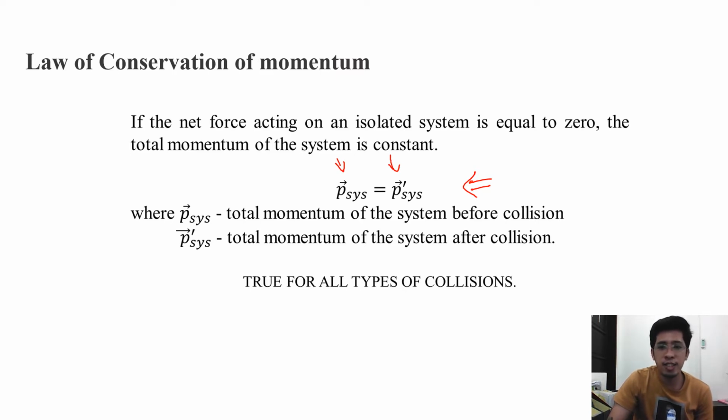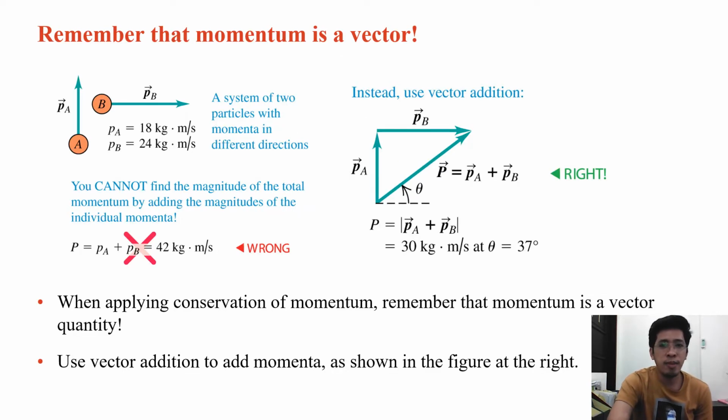In the next slides, we are going to talk about collisions. Remember first that momentum is a vector quantity, since velocity is a vector quantity. Take a system of two particles with momenta in different directions, like this one here.